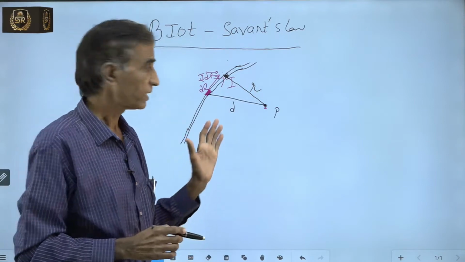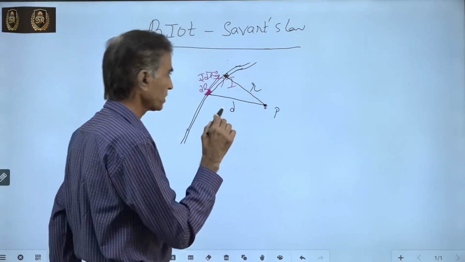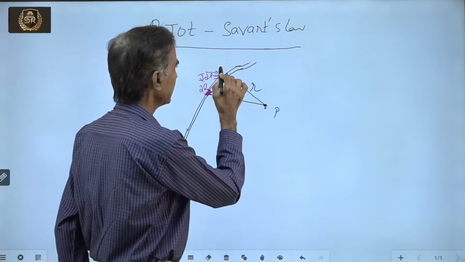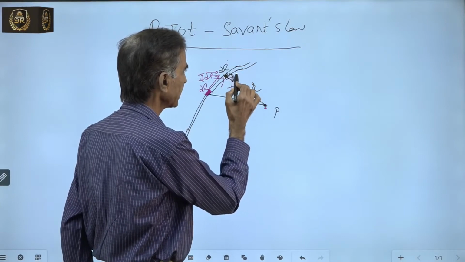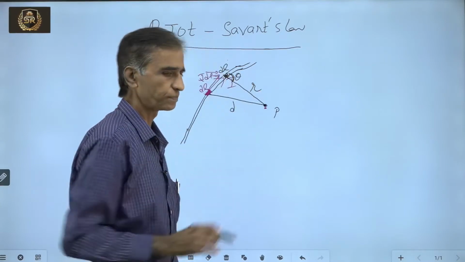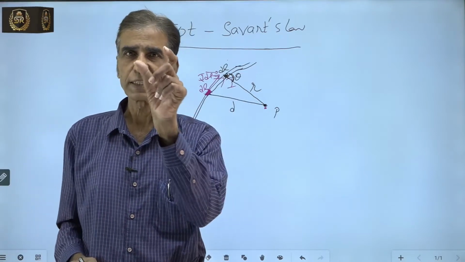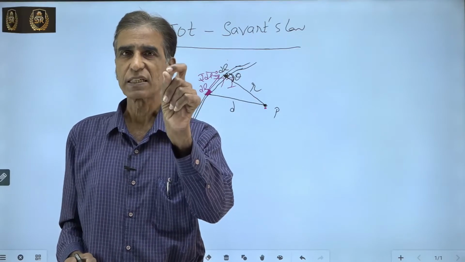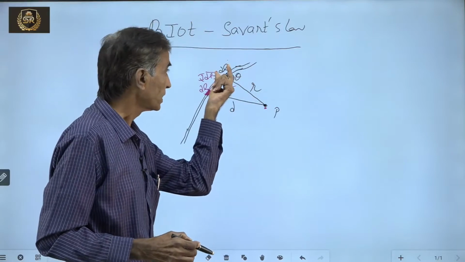Now we want to find what is the magnetic field at this point. Let us suppose r is making an angle theta with dl. That position vector is making an angle theta with the direction of the dl vector, because r is a vector and dl is a vector.